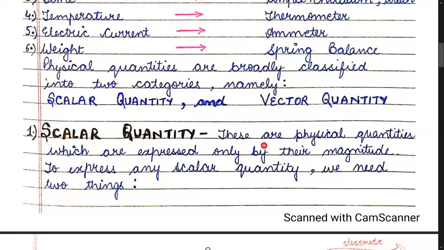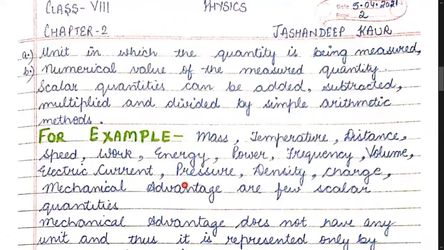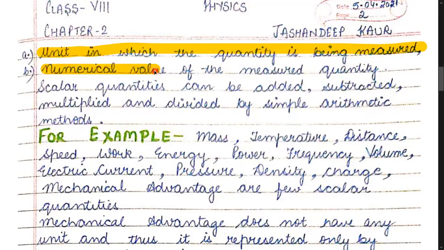Magnitude means numeric value. So to express any scalar quantity, we need two things. Firstly, the unit in which the quantity is being measured, and secondly, the numerical value of the measured quantity.